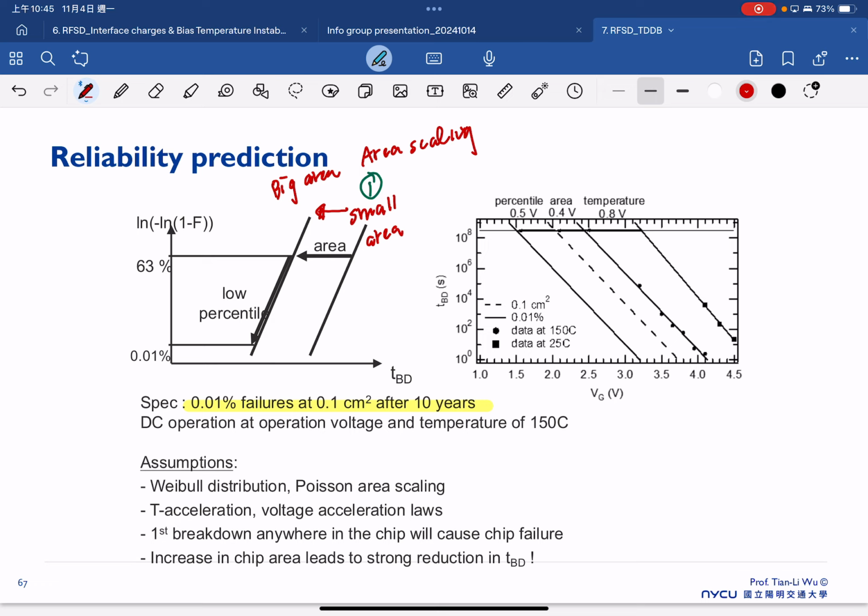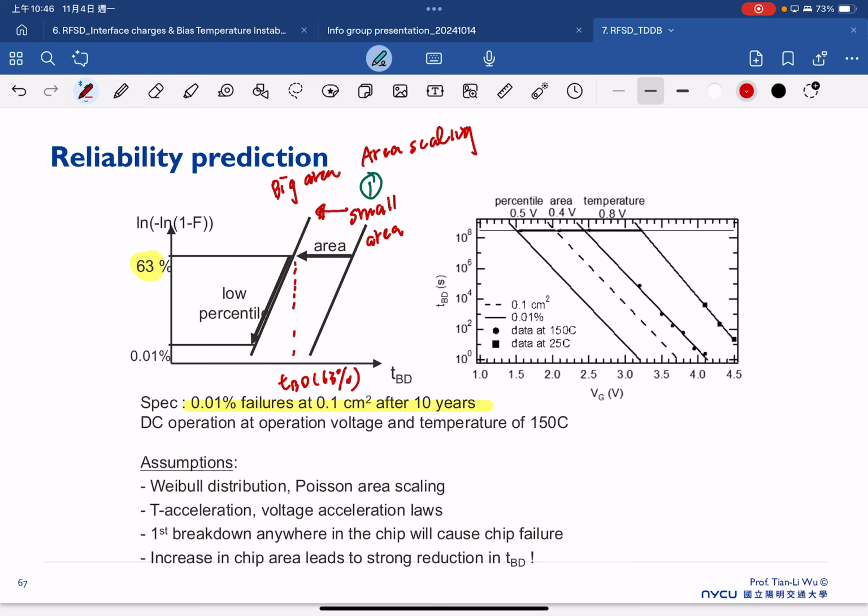And if you still remember, when we calculate the Weibull plot at the y-axis equal to 0, the time is equal to the value for 63%, as shown here. So this is the time TBD for 63%.